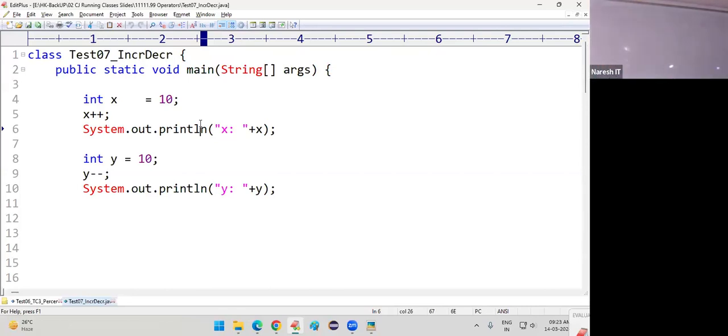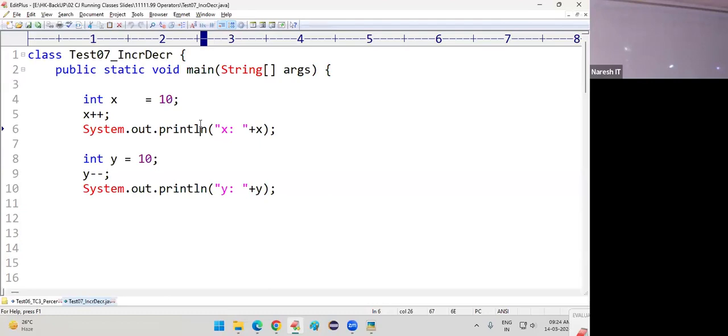Number 1, pre-increment and pre-decrement, and number 2, post-increment and post-decrement.